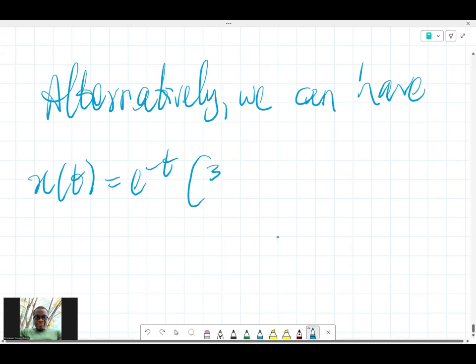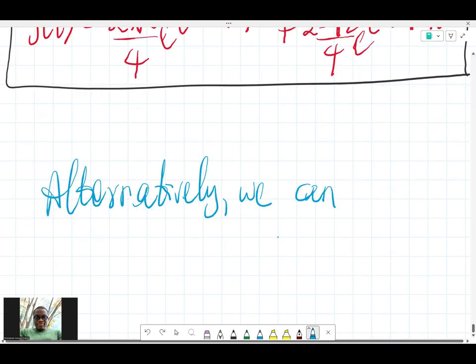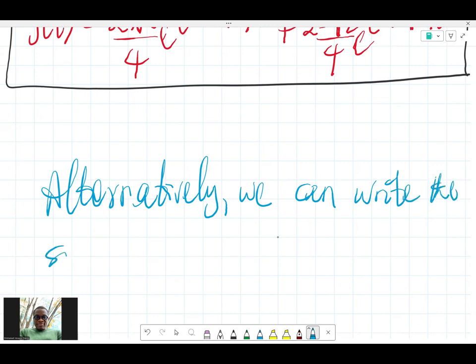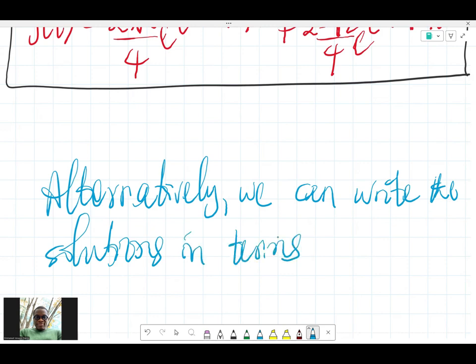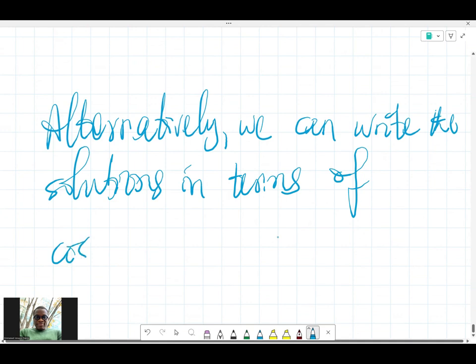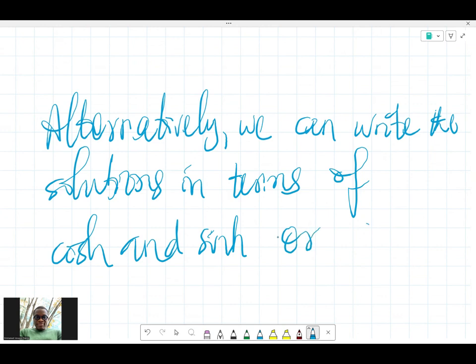Well, I mean, there are other alternative forms. Alternatively, we can write the solutions in terms of cosh and sinh, or cos and sine.